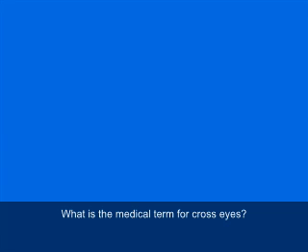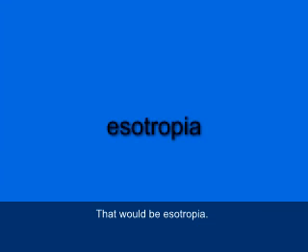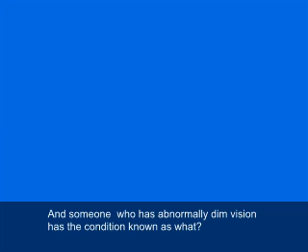And what is the medical term for cross eyes? Well, in this case, the eyes would be turning abnormally inward, and that would be esotropia. And someone who has abnormally dim vision has the condition known as what?